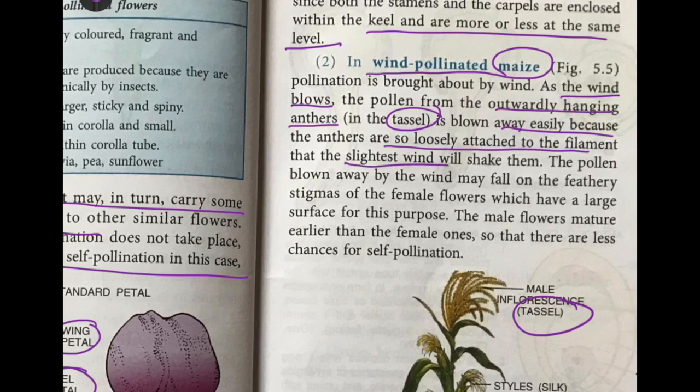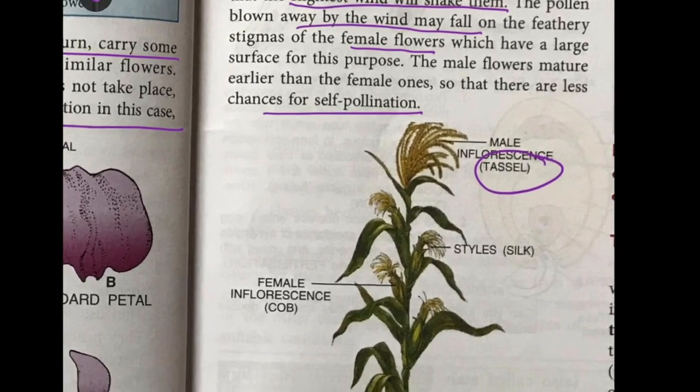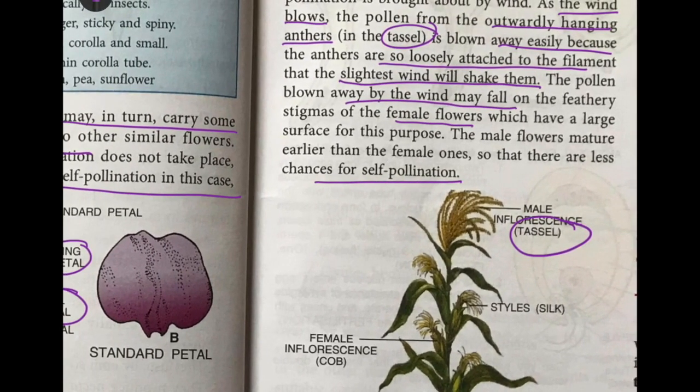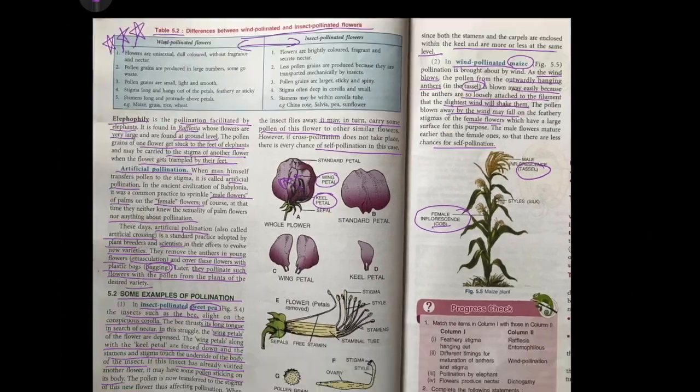The slightest wind will shake them. The pollen blown away by the wind will fall on the feathery stigma of the female flower, which has a large surface. The male flowers mature earlier than the female ones, so there are fewer chances for self-pollination. So here only cross-pollination takes place. The female inflorescence here is also known as the cob.